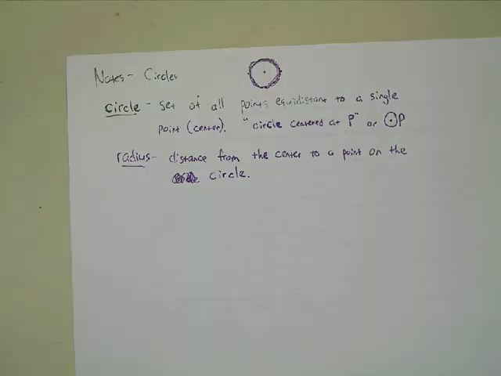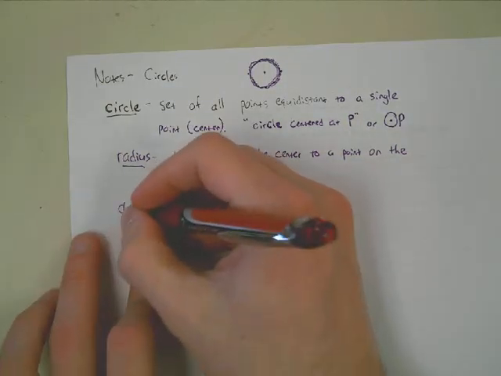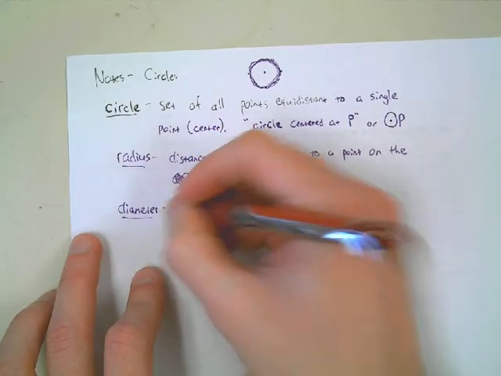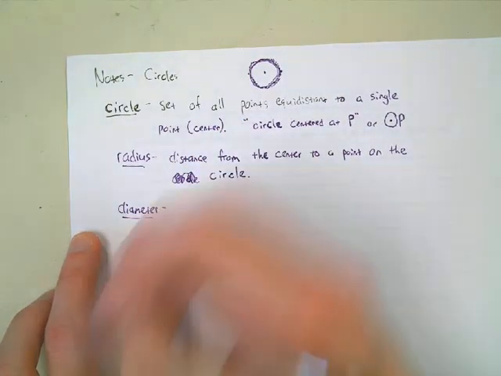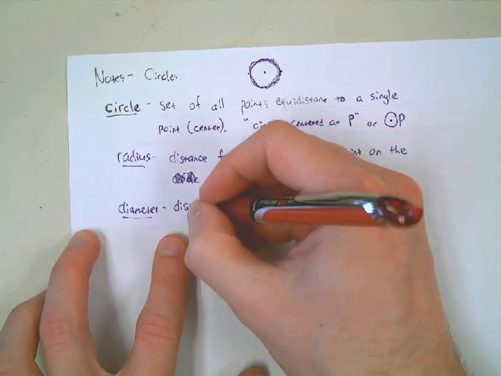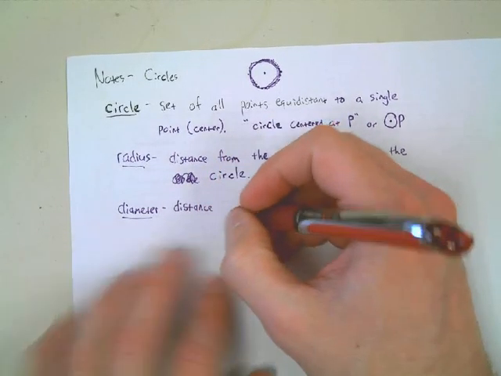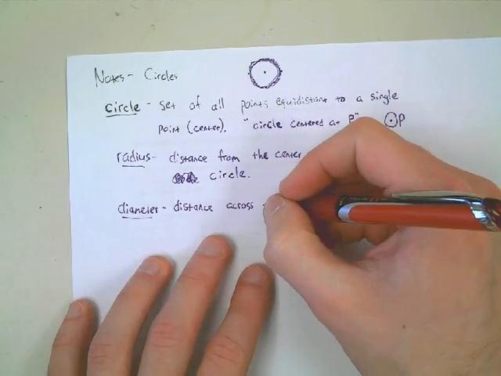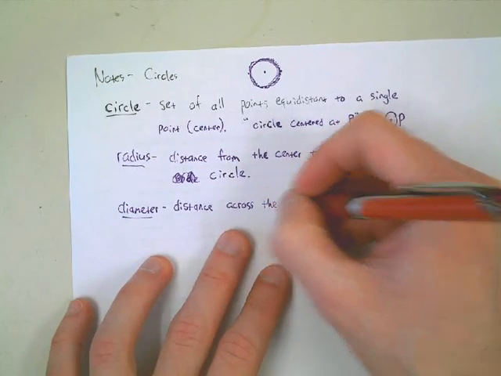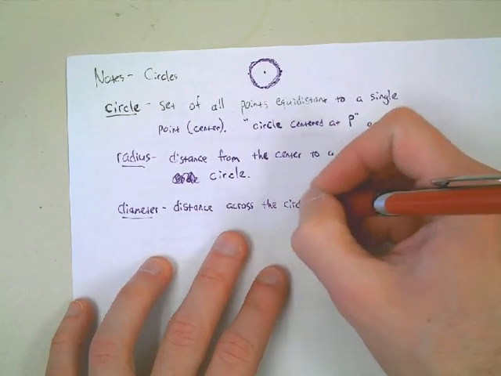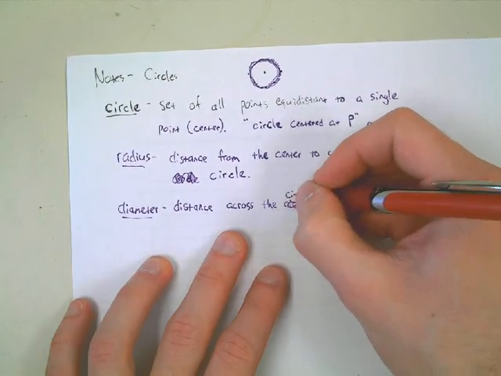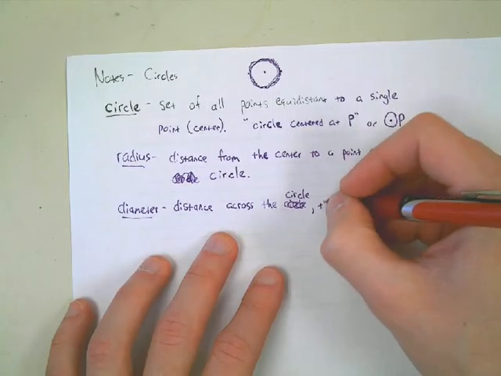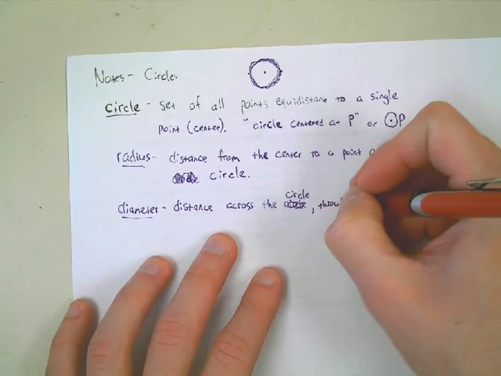Okay, and then if that's the radius, the diameter you can think of as the distance across the circle. It crosses through the center point. So a diameter has to go through the center of the circle.